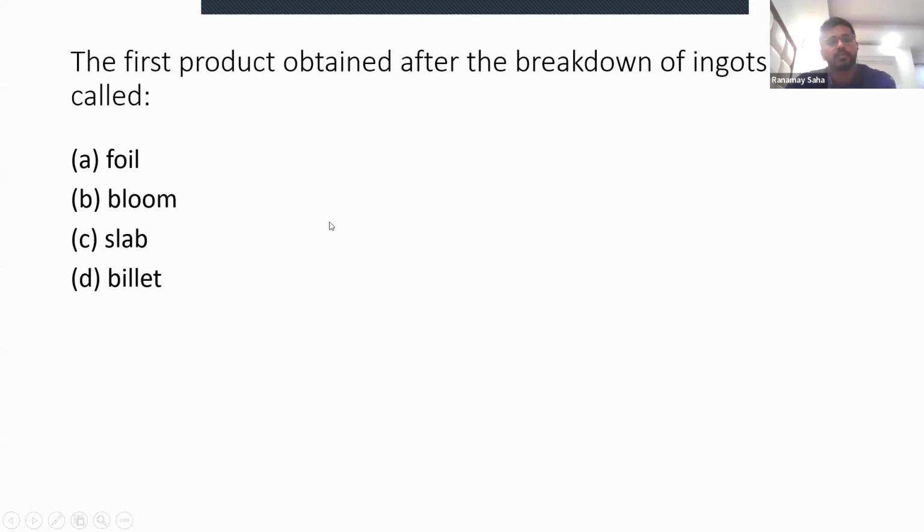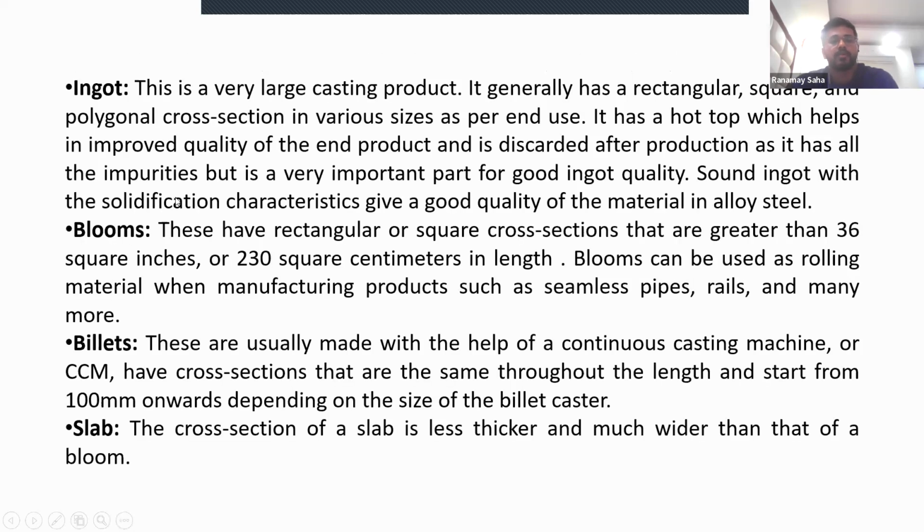So before answering that question, let's move to some explanation of what happens to a billet, a slab, a bloom, etc. Okay, so these are some short descriptions of what these terms mean in the manufacturing industry. So what is an ingot? This is a very large casting product, generally with a rectangular shape, maybe square or any polygonal cross section as per the requirement.